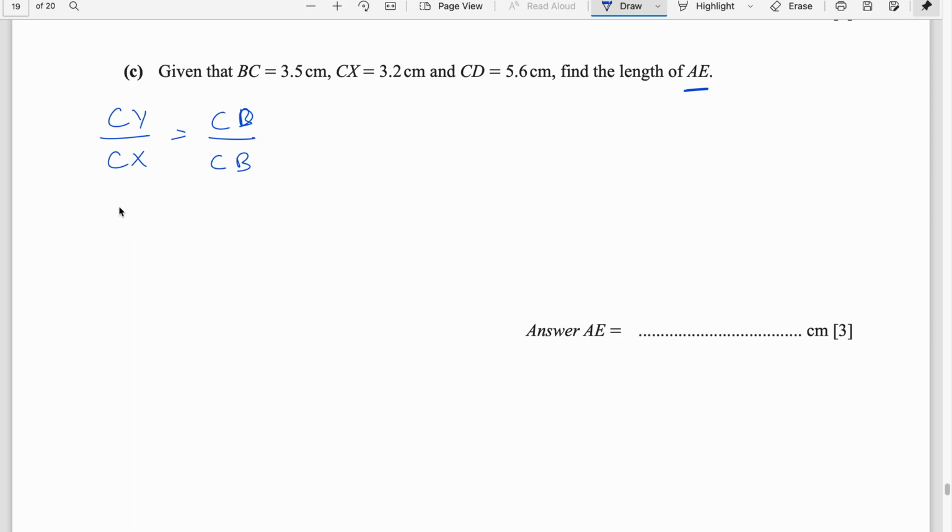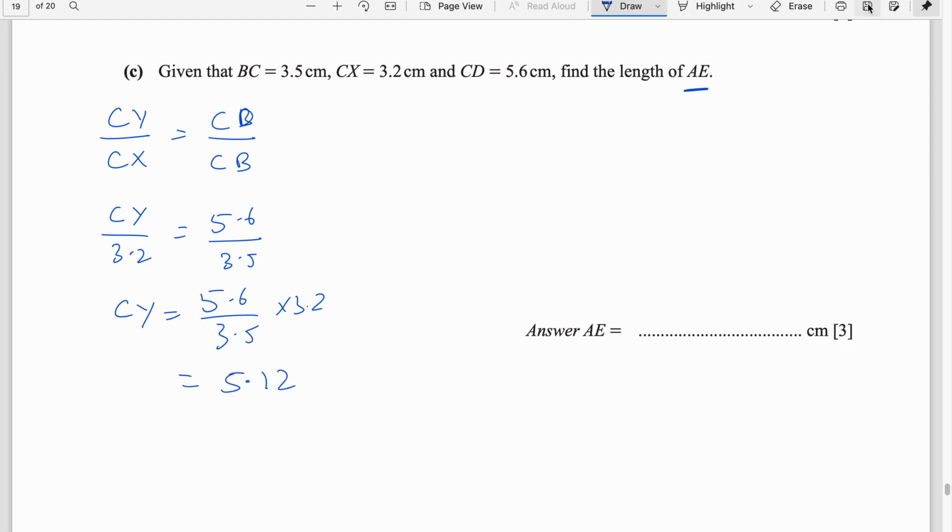So plug in the values. CY over 3.2 is equal to 5.6 over 3.5. Solving for CY, 5.6 over 3.5 times 3.2, we get 5.12.